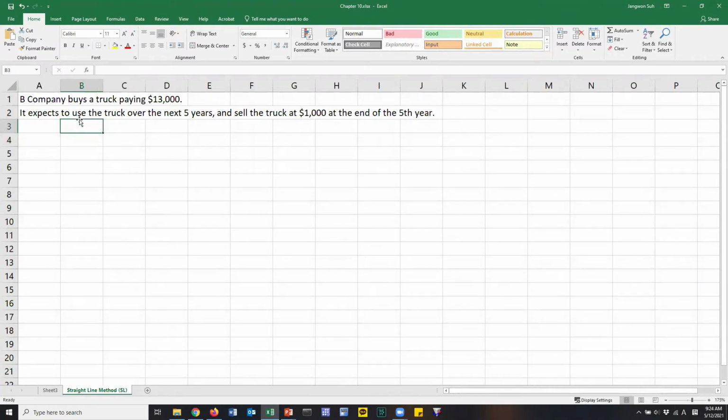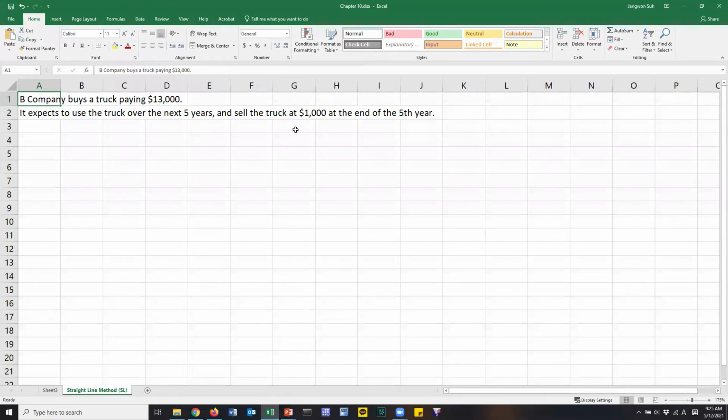We will use the same case over the 3 methods so that we can compare one by one. The setting is like this. This is from your textbook, so you can have a look at it after watching this video if you want. Barb's Florist company buys a truck paying $13,000, and the company expects to use the truck over the next 5 years and sell the truck at $1,000 at the end of the 5th year.